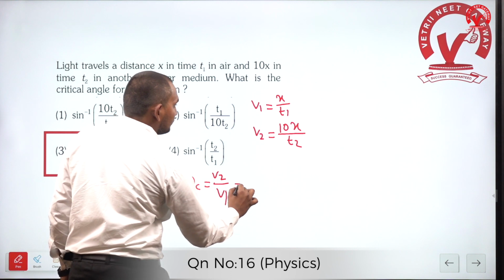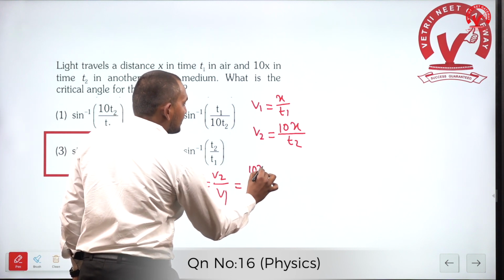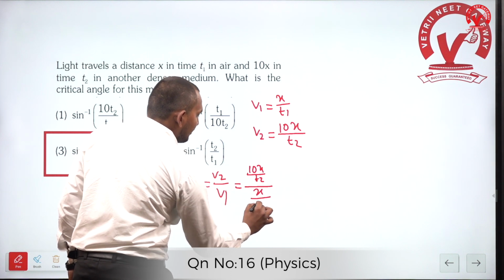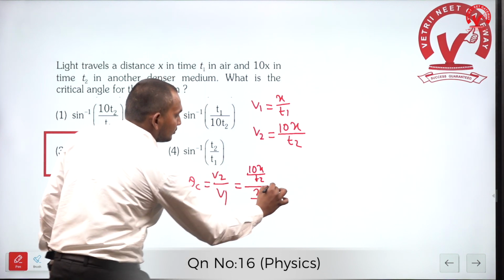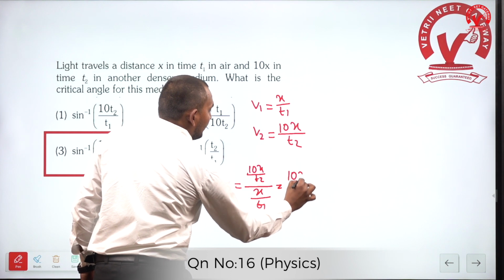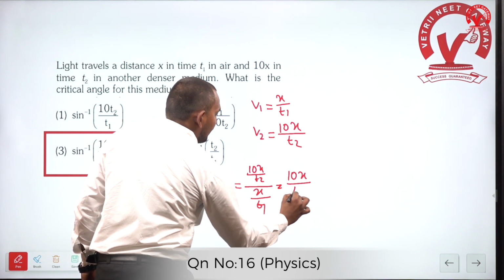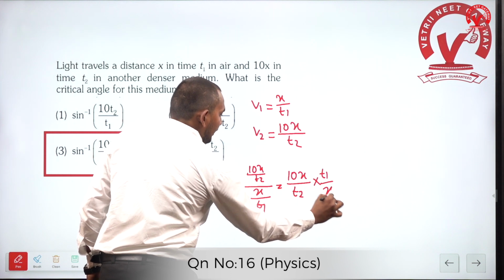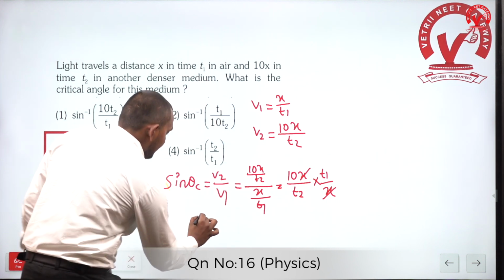Substituted here: 10x divided by t2 divided by x divided by t1, 10x divided by t2 into t1 by x. X getting cancelled.